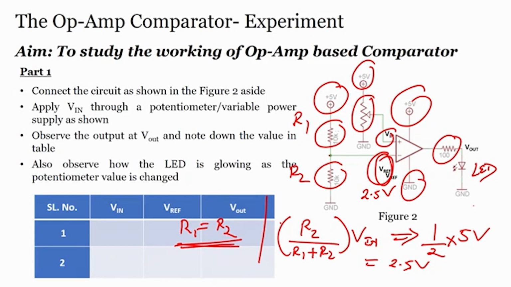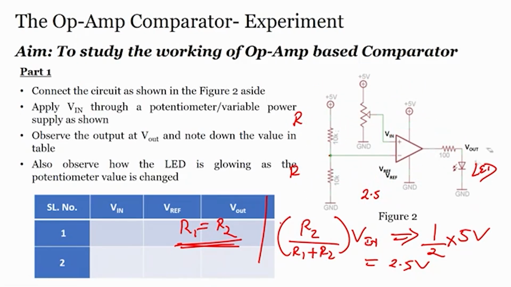Now, what I have to see, if my V in, so lot of circles, let us remove it. If my V in, this is 2.5 volts. If my V in is greater than 2.5 volts, my output LED will glow, alright.